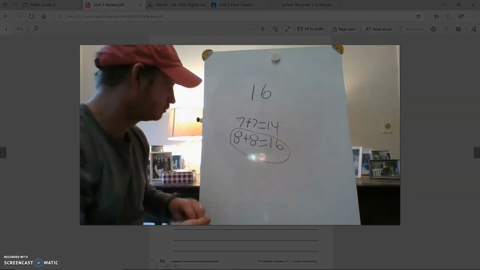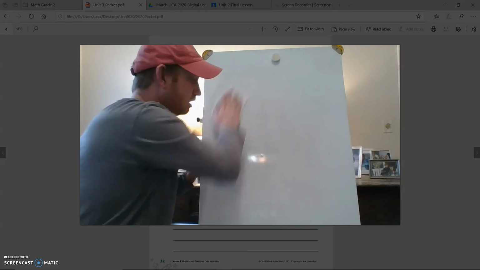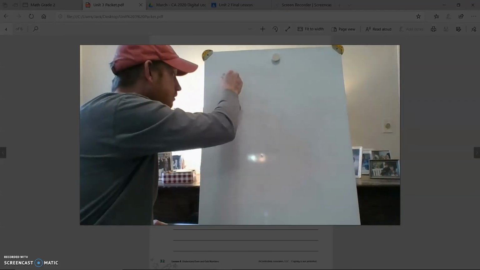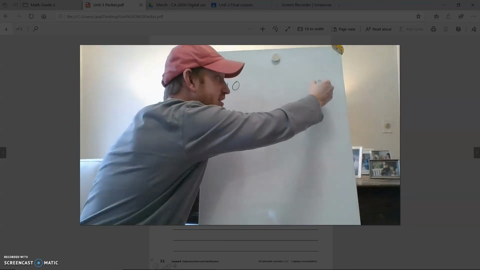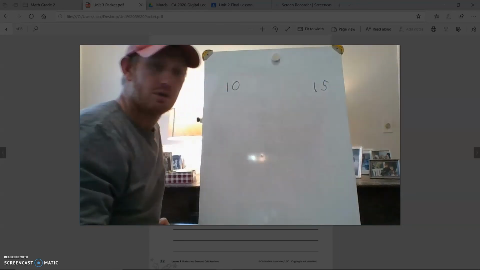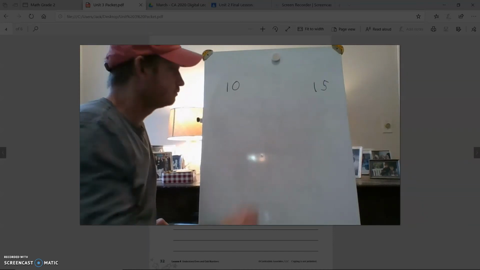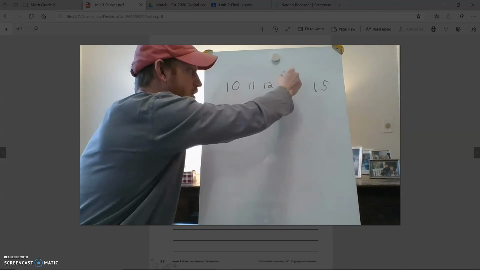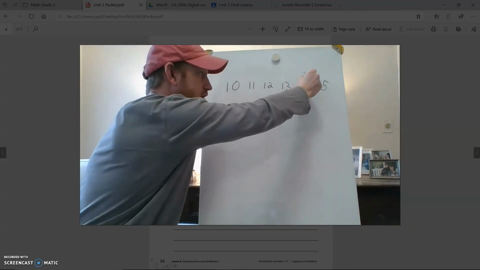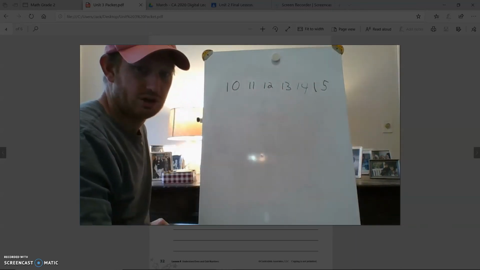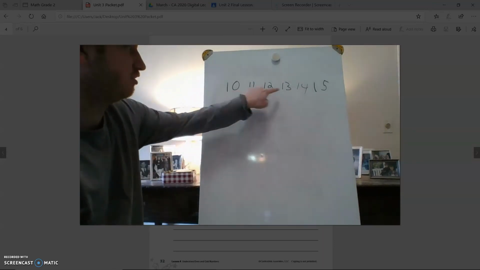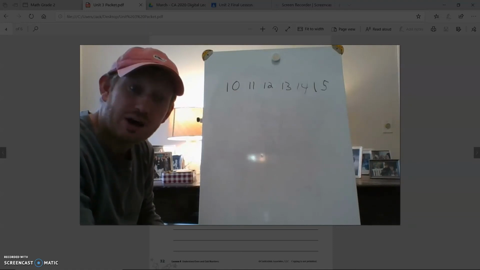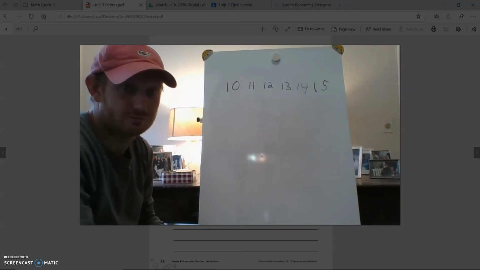Well, we know that he has more than 10 and less than 15. So what numbers are in between there? We have 11, 12, 13, 14. So those are all the different numbers of shells that he could have. We need to figure out which ones are even.